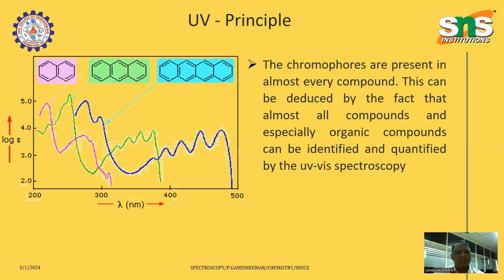And for the third one, it nearly goes to 300. Chromophores are present in almost every compound, especially organic compounds, and this is a major factor in shifting the absorption wavelength to the higher region.